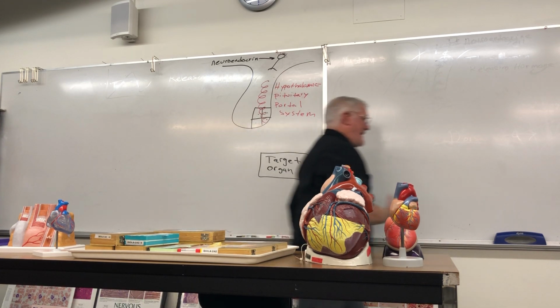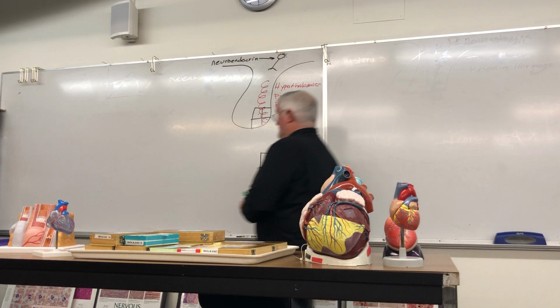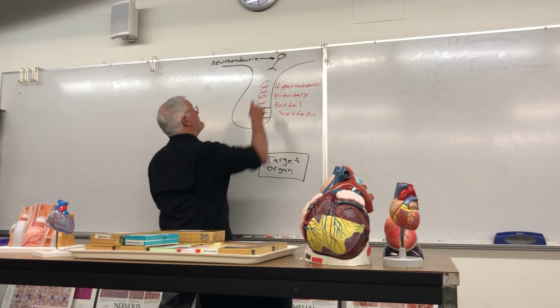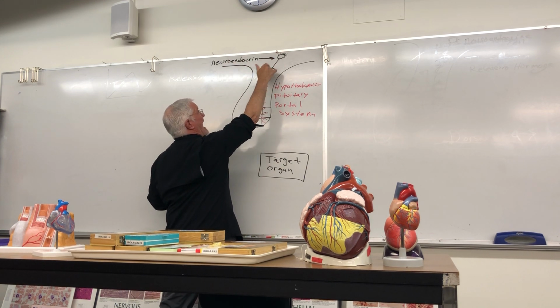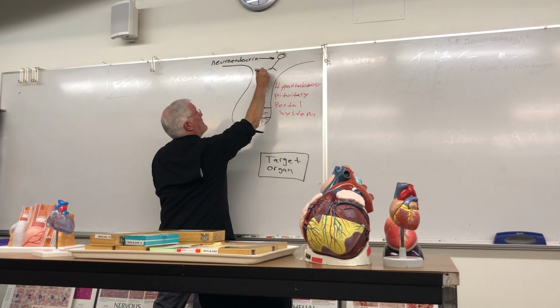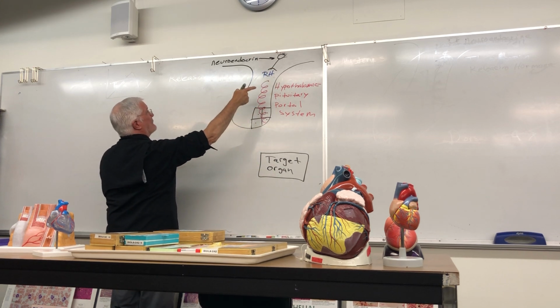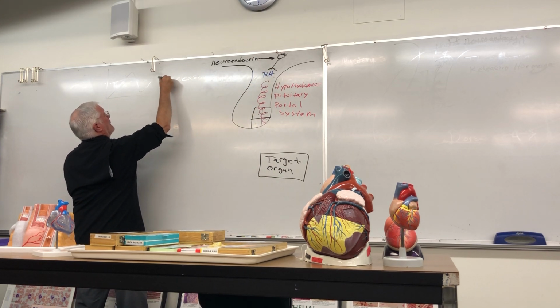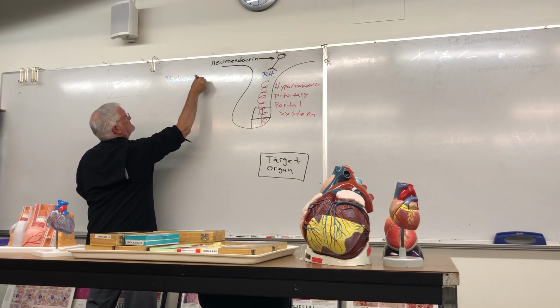Now, in terms of a basic template for how this works, from this neuroendocrine cell located in the hypothalamus that ends in what's called the median eminence, it's going to produce a hormone known as an RH. That's the abbreviation for the releasing hormone.